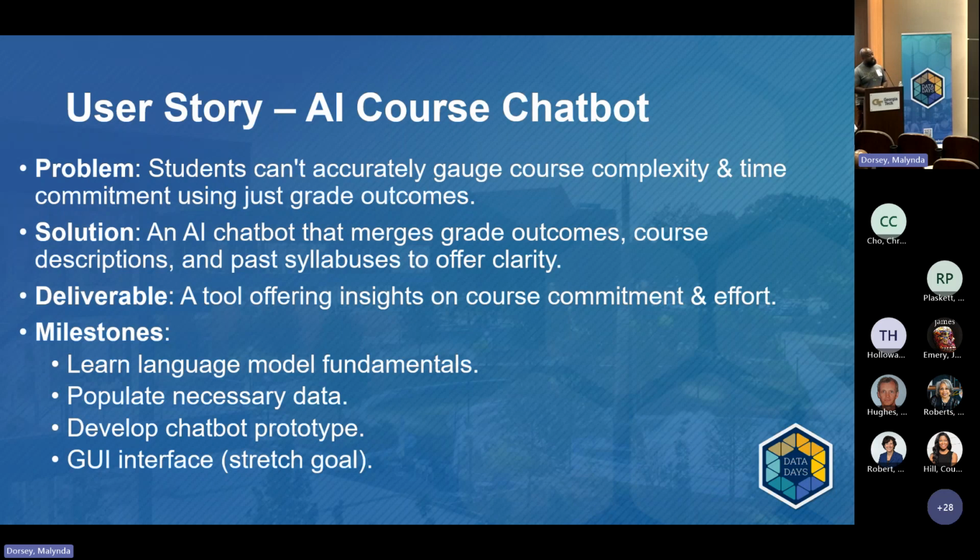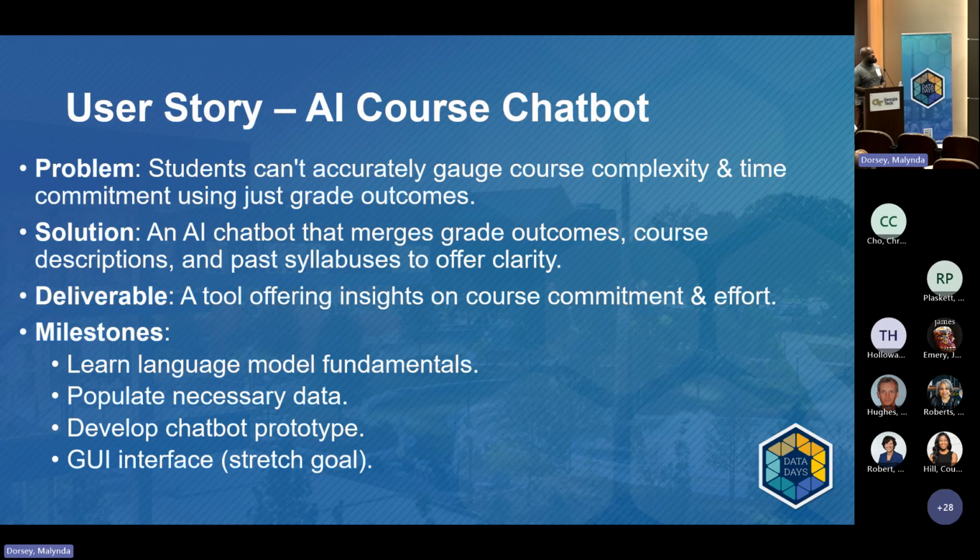And the idea that we had is maybe an AI course chatbot, right? And initially, the concept around it was really grand. We would like it, it'd be great if we could have this chatbot that could tell you everything. But we finally settled on what if we could use some existing information about courses to help students understand maybe the rigor, the time commitment for a course, some information that is already there in print, meaning the syllabi.